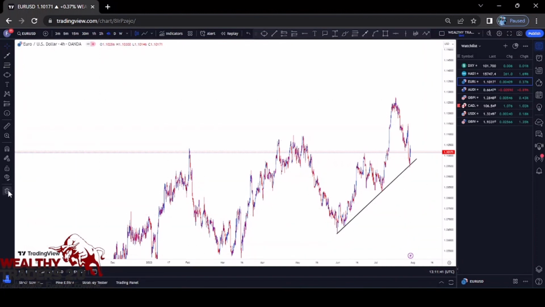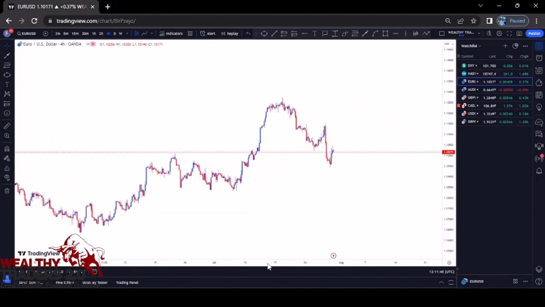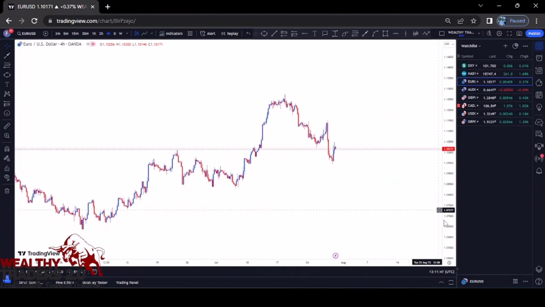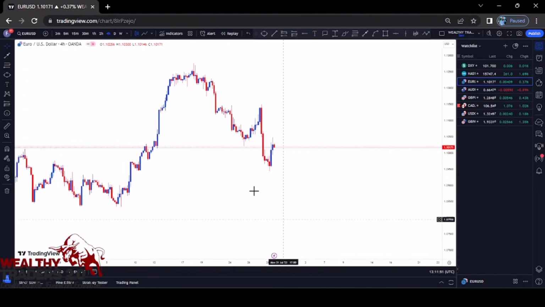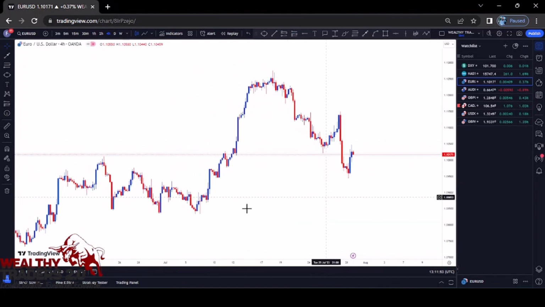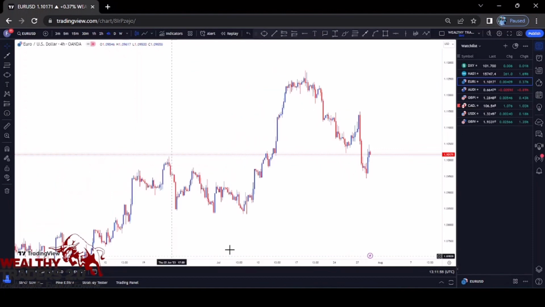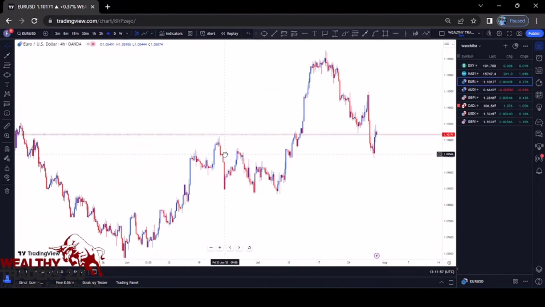But for now, let's move to the current market price and see what's basically happening. And you can see that we are having what we call the nature theory of the market, as I explained on the dollar index. Remember, the nature theory on the dollar index was a downtrend.